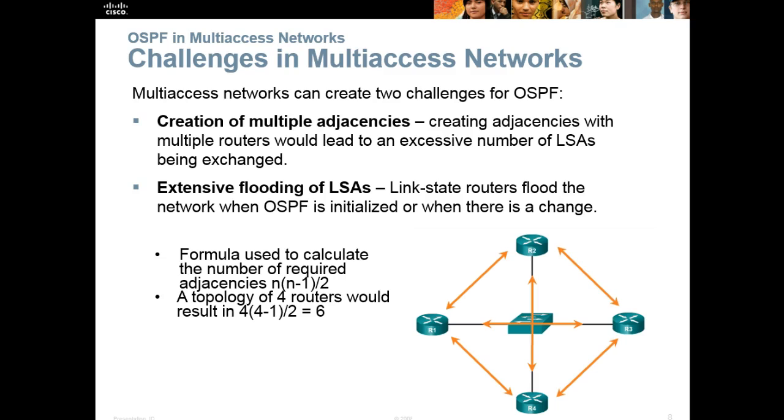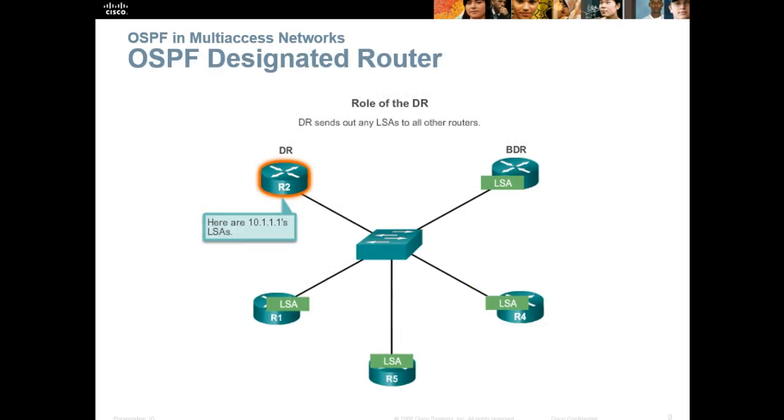Okay, so how many adjacencies do we need? There's a little formula to articulate that. But the main idea is somebody's got to be the boss of all these routers. So we choose a designated router, the OSPF DR, and then the BDRs are the backup designated routers. All of the BDRs only exchange LSAs with the designated router, and this manages traffic, keeping the LSAs, the updates every 2 seconds, and commands.